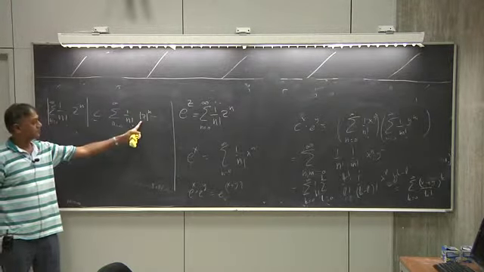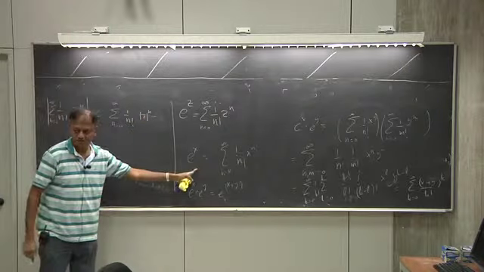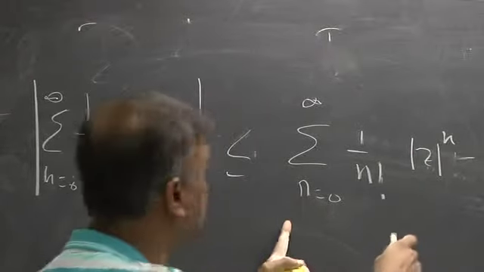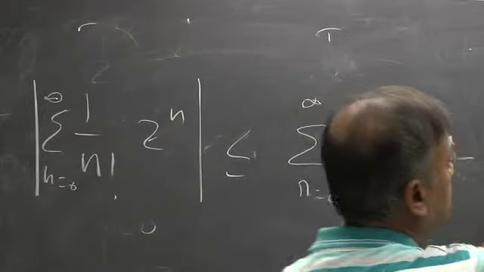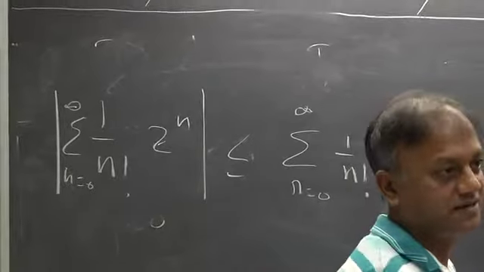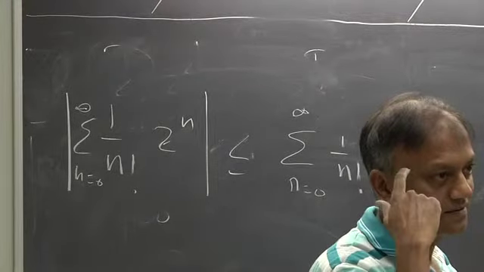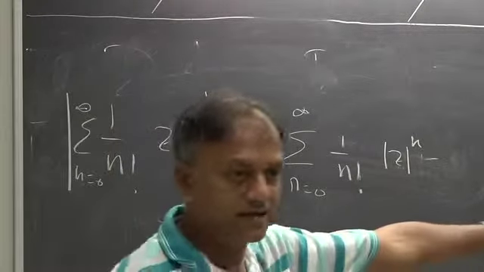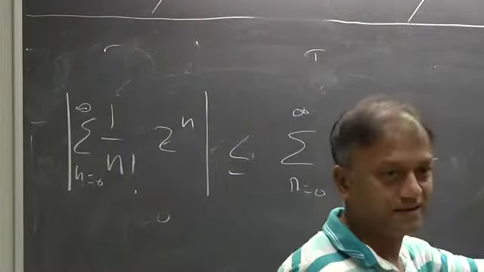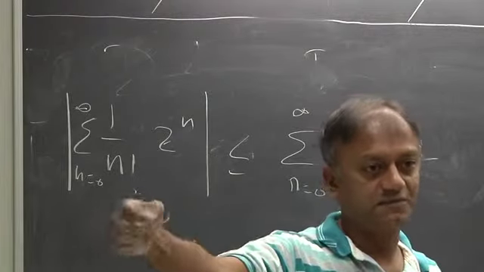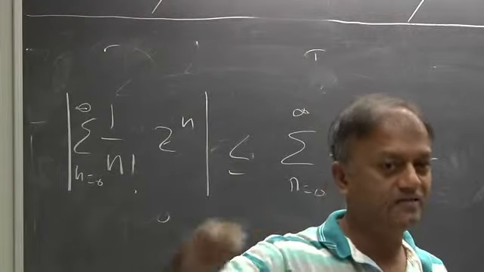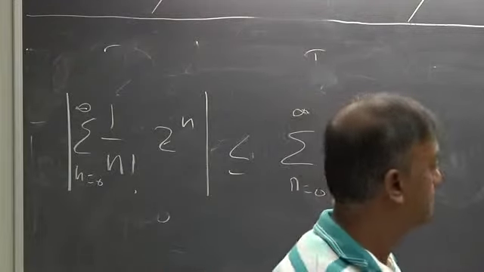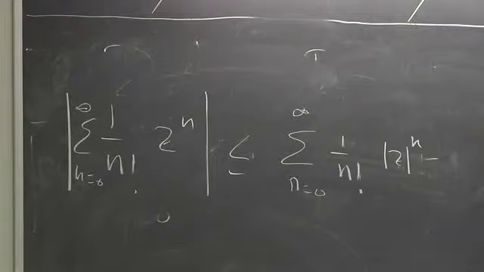But modulus of z is a real number, so if you know that this is convergent, then this is some finite expression. So the modulus of this object is finite, therefore this complex number itself is finite. It's bounded; it doesn't blow up anywhere. This infinite series can be summed and gives you a finite answer for any finite value of z, so it's in the entire complex plane.